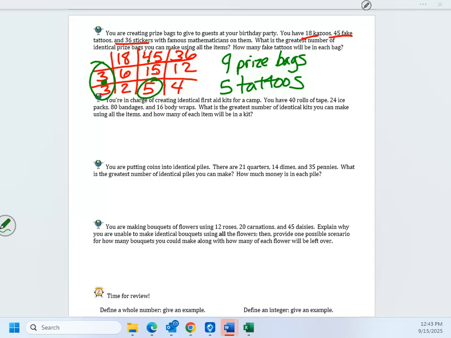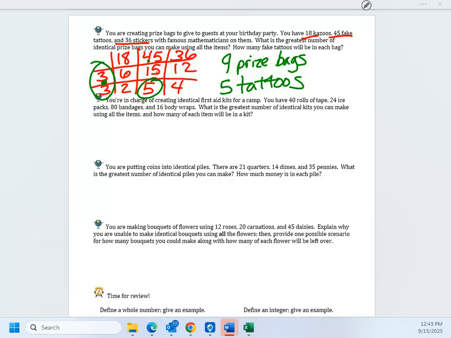So you've already done the math with the table method. You just need to figure out which one was the tattoos. Does that make sense? So don't get overwhelmed by doing word problems. It's the same math. We just have to figure out which numbers we're using to put into our table and to answer the questions. Okay?